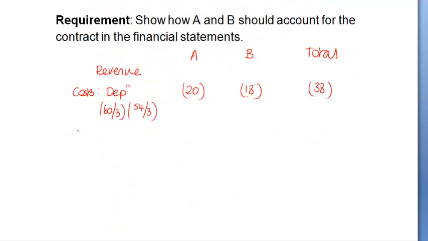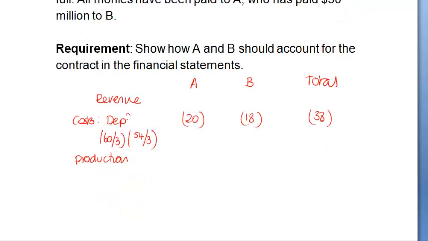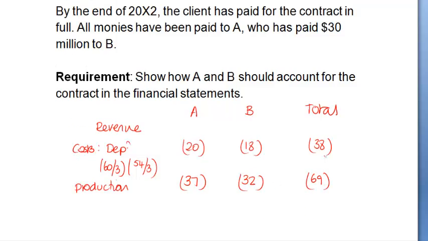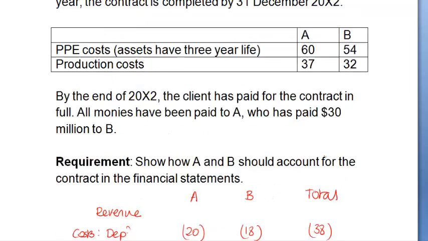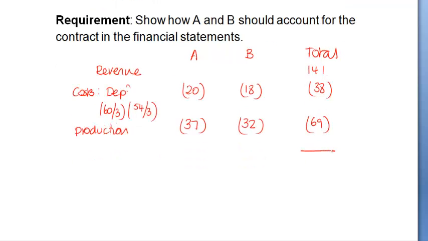We've got production costs, and our production costs are 37 and 32, so that's 69. Total revenue is 141, which means that we can work out our profit. 141 less 38 less 69. Our profit works out as 34.